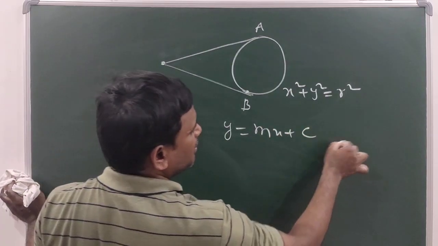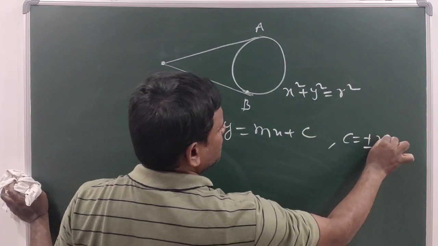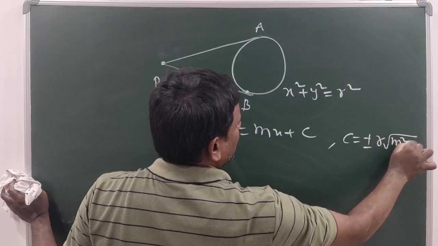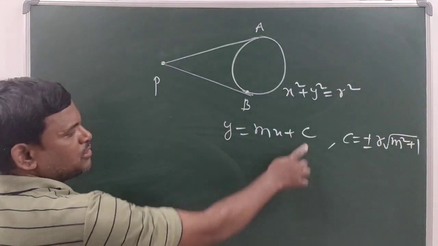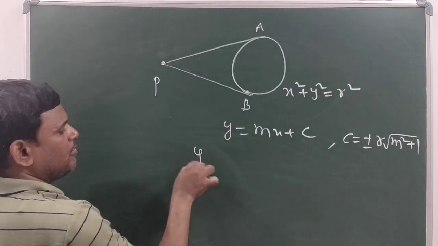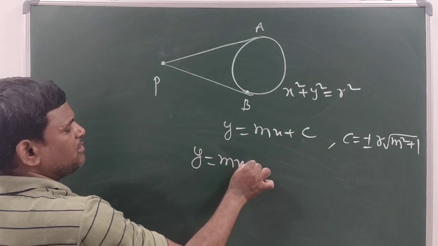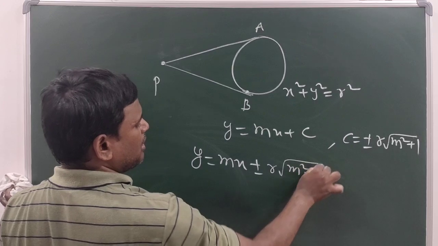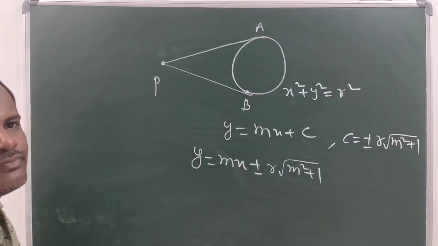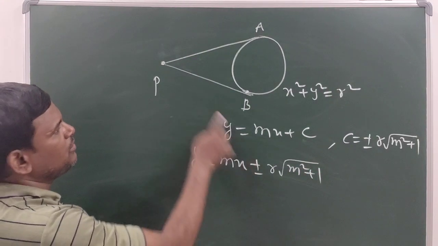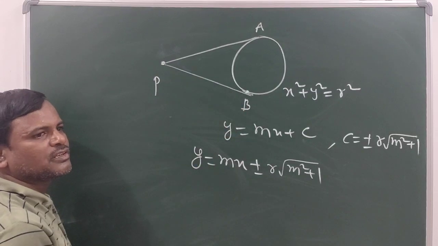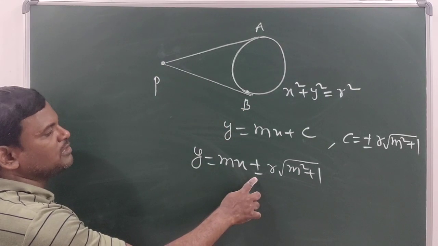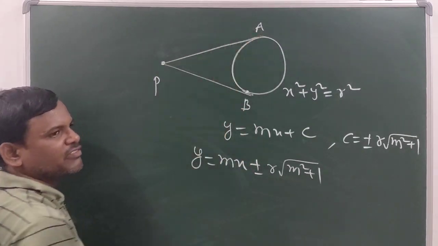What condition have we got? c is equal to plus or minus r into root of m square plus 1. So in the place of c, write that value. Now y equal to mx plus or minus r into root m square plus 1. When you take plus, you will get one tangent equation. When you take minus, you will get one more tangent equation.